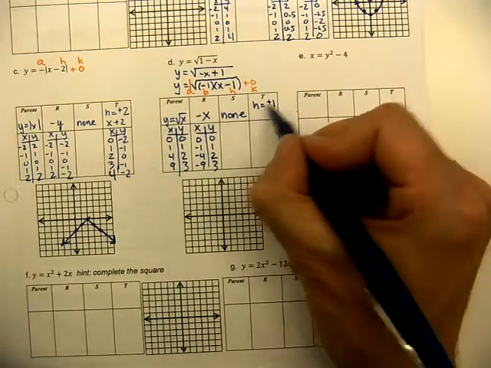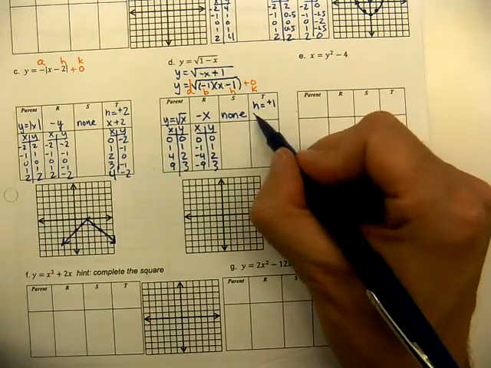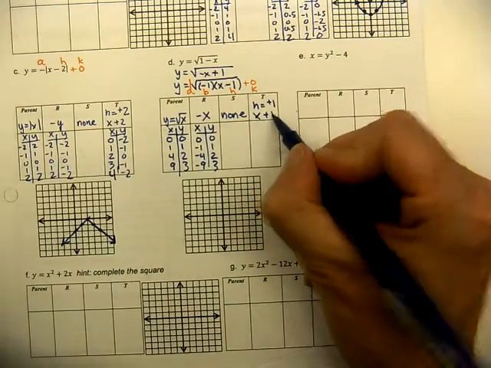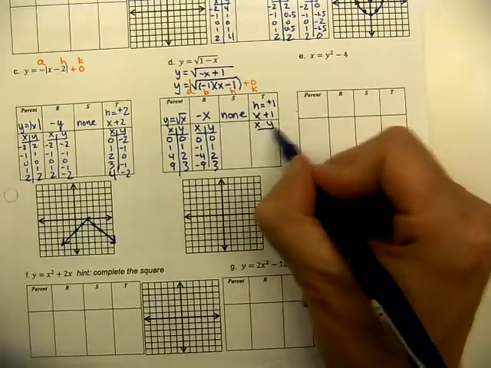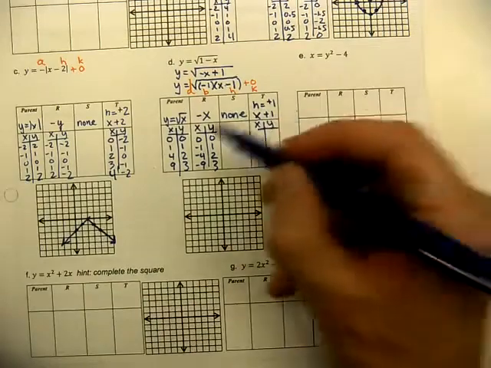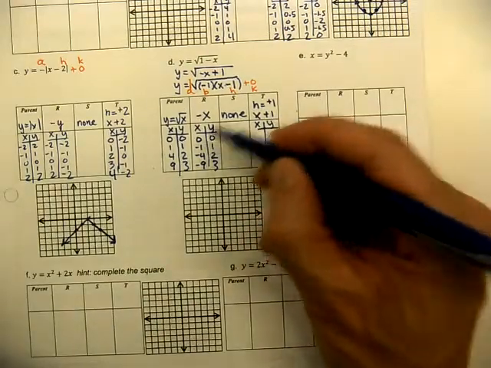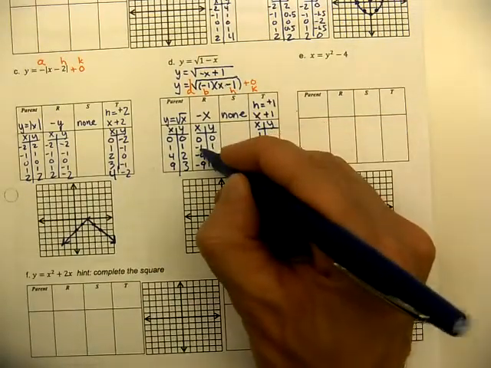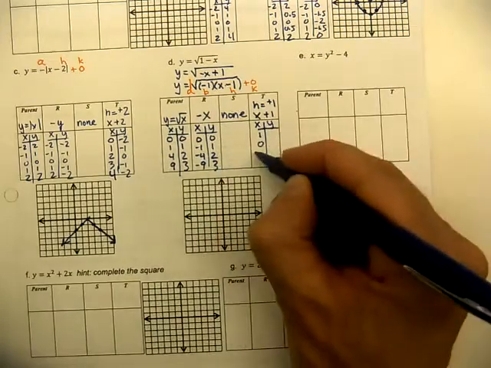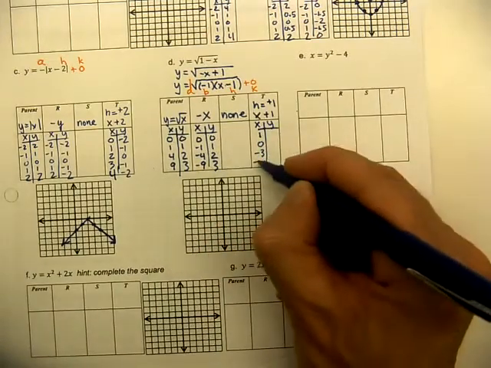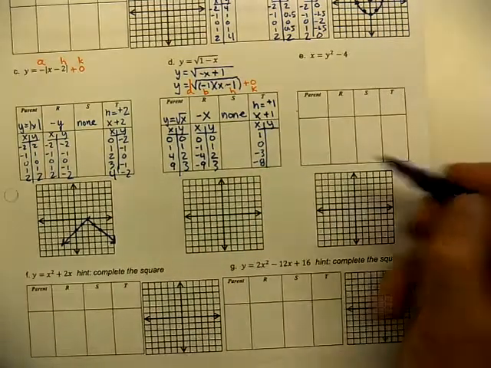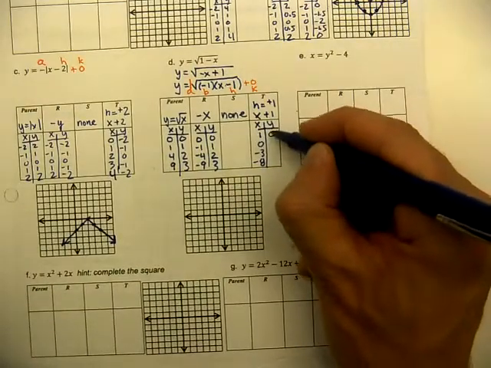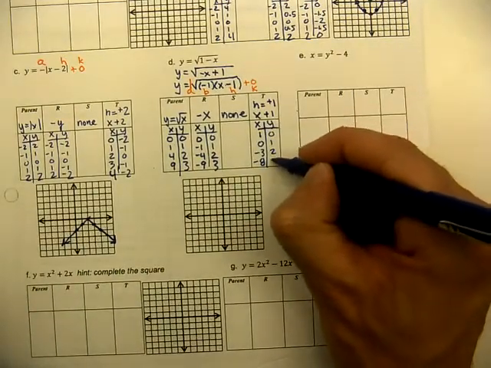That means we're shifting it to the right 1 space. That means our x coordinates are increasing by 1. So add 1 to each of your x coordinates from the previous column. So 0 plus 1, -1 plus 1, -4 plus 1, and -9 plus 1. The y coordinates stay the same here. And this is what we'll plot.